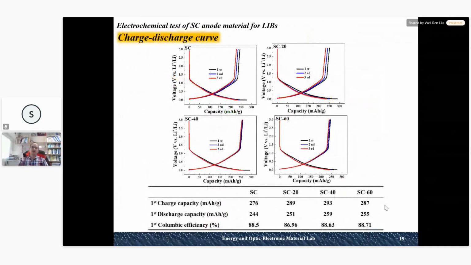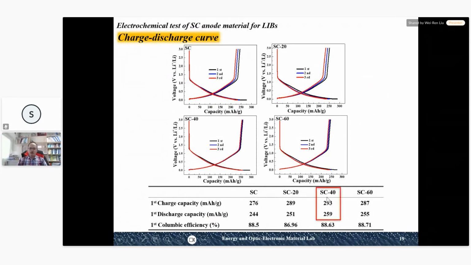We also look at the charge discharge curve at the first 3 cycles. For pristine soft carbon, the first charge is 276 and the first discharge is 244. The Coulombic efficiency is 18.5.